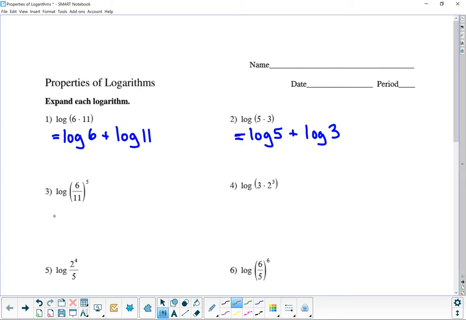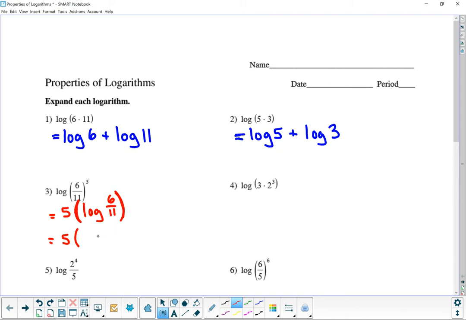Okay, you can work this two ways. First way, you can use the power or exponent rule for logarithms. You can bring it to the front like that. So this is going to make 5 times log 6 elevenths. And again, keep in mind this is 5 times the whole thing, log of 6 over 11, which really means 5 times the inside log of 6 over 11.